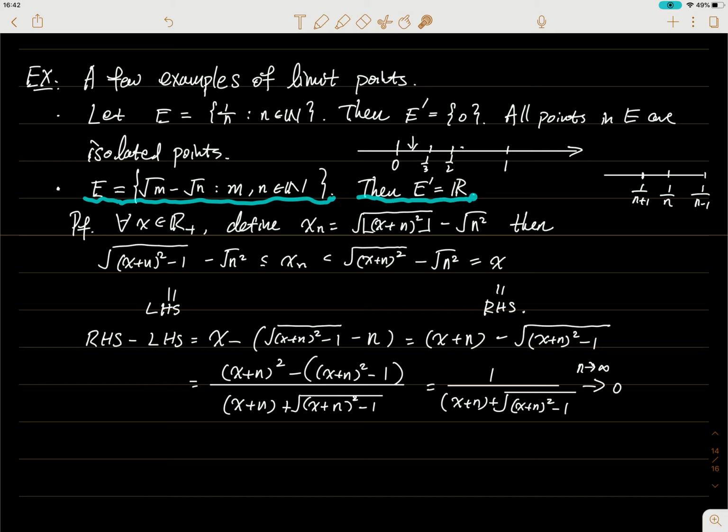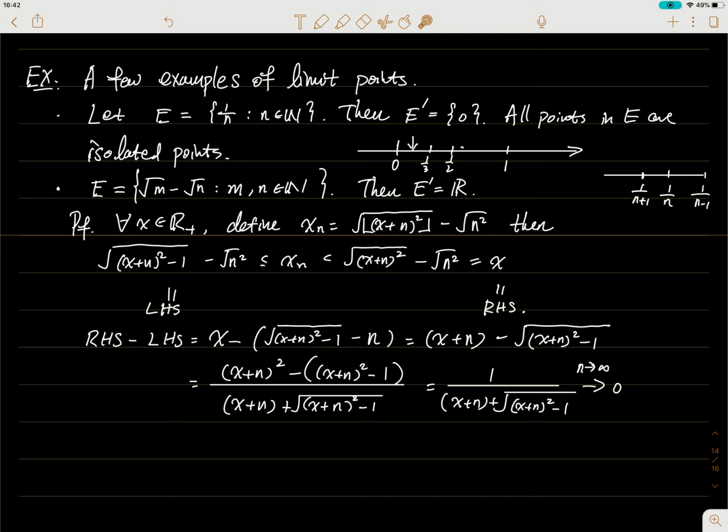The reason is, if I can show that, then I just need to reverse it, because m and n can be any natural numbers, so I can get the negative of this sequence. If I have a sequence xn converging to x, then negative xn will converge to negative x.